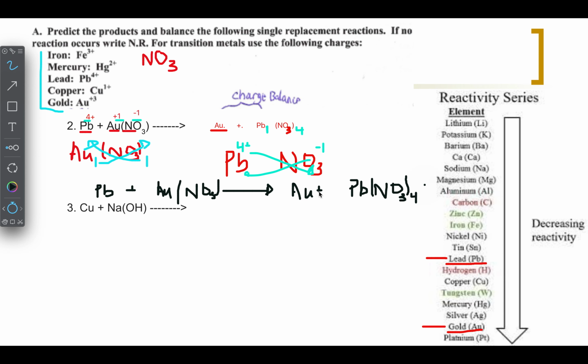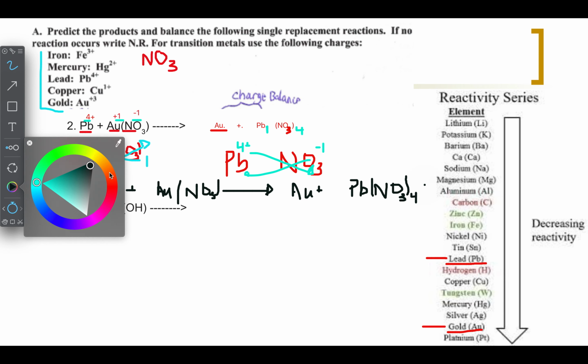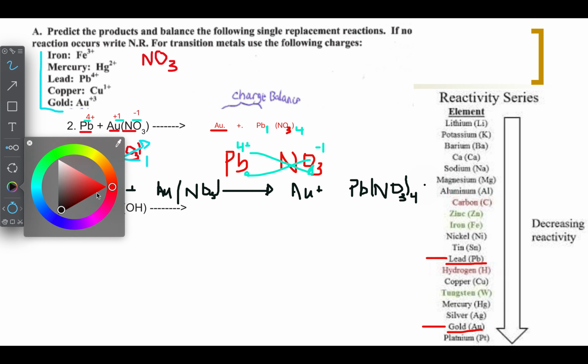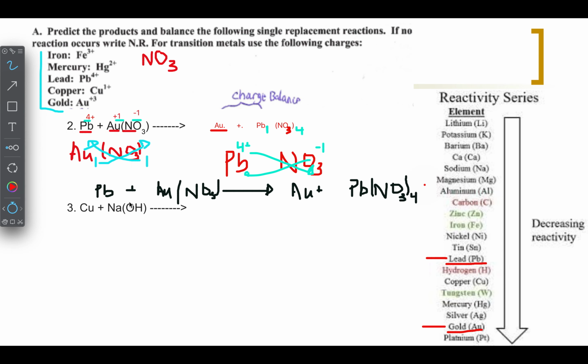Okay, so like I said, we're not going to spend time going through and balancing this equation, but I am going to write in the completely balanced equation. Obviously, that is not today's lesson. So it is Pb 4 Au NO3 4 Au plus Pb NO3. So now we have 4 Au, we have 1 lead, and we have 4 NO3, right?